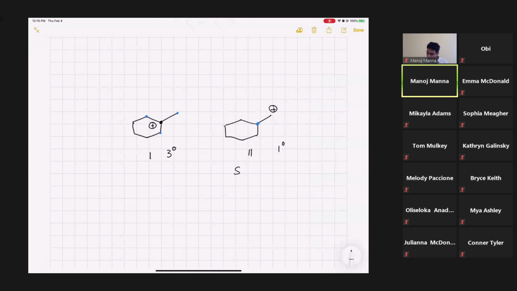So the stability order: 3 degree greater than 1 degree. Oh, sorry, I mean, 1 greater than 2. Makes sense? Yeah. So 1 is more stable because it's a 3 degree carbocation.